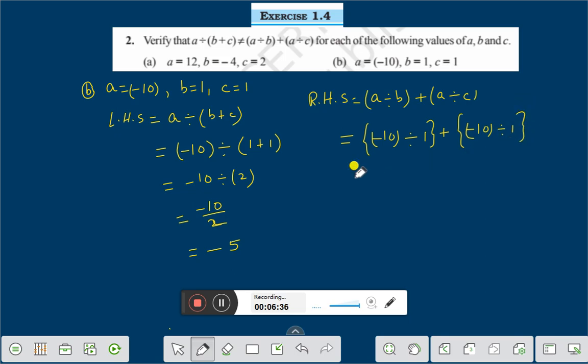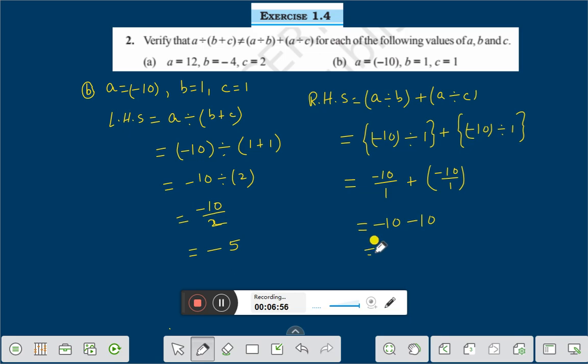What you are getting, you see, minus 10 divided by 1 plus in bracket minus 10 divided by 1. In this case, you are getting minus 10 plus into minus is minus 10.